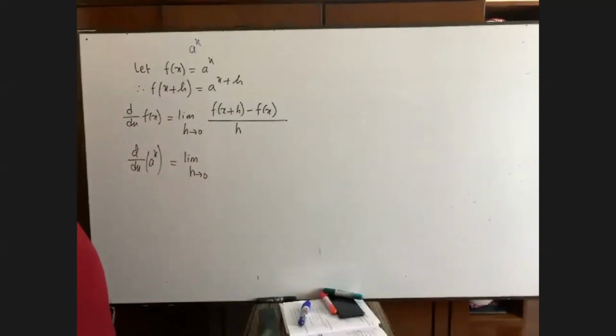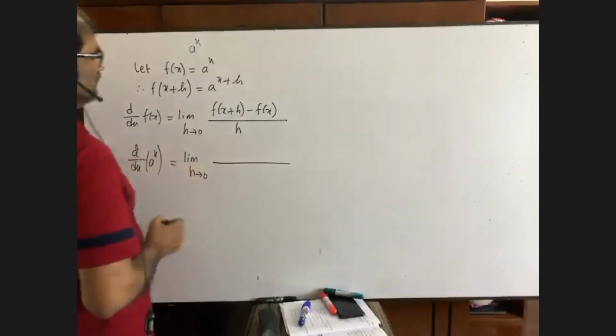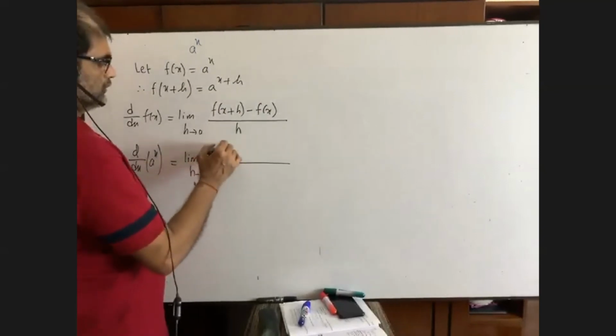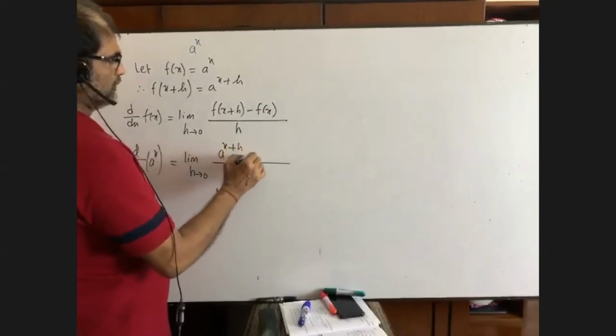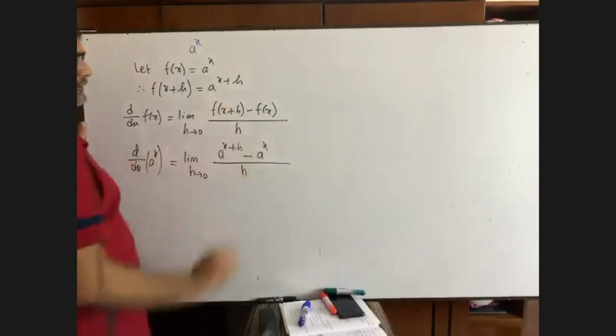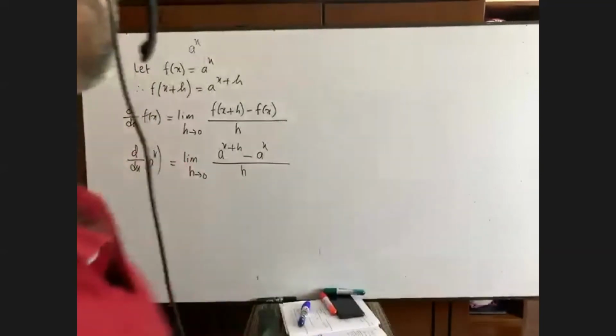Anything wrong? No, okay, sir. Then f(x plus h) equals what? a to the power x plus h minus a to the power x by h. You have to do the math like the previous one.